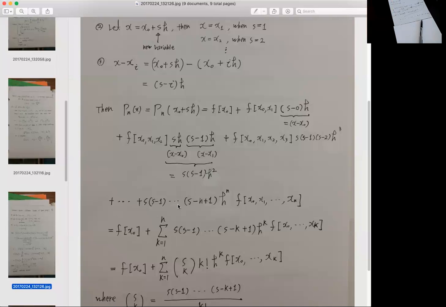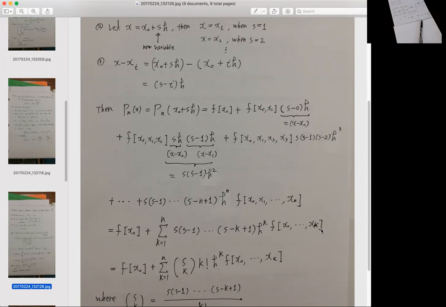It's like this. So f at x0 plus sigma, okay, s times s minus 1 through s minus k plus 1 times h to the k-th power, where k moves from 1 through n, and then the divided difference of f at x0 through xk.